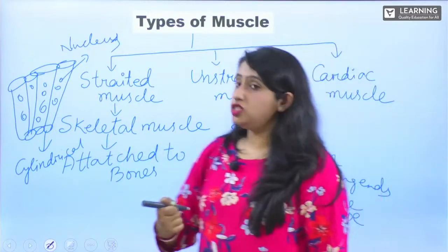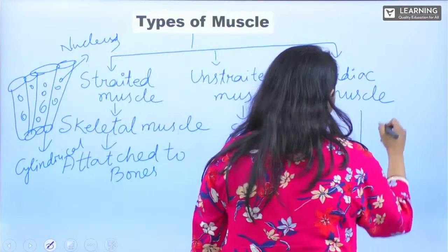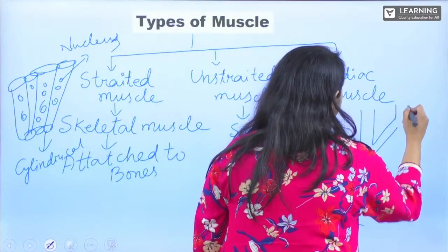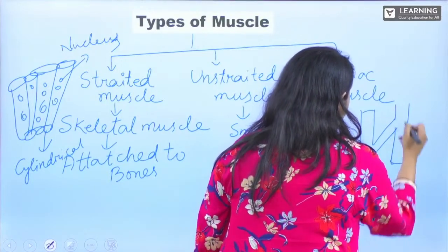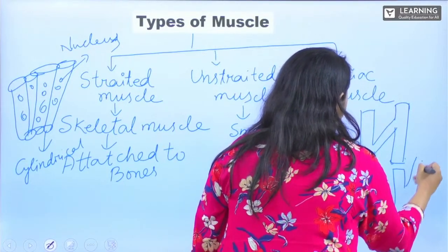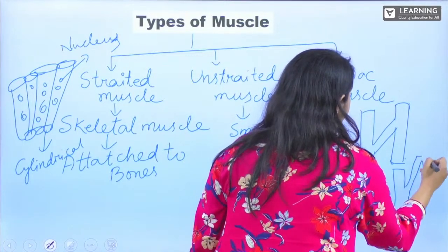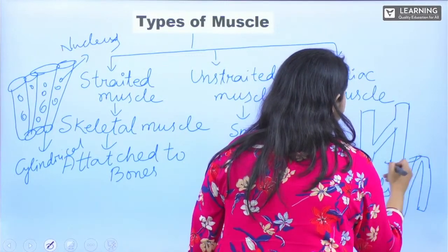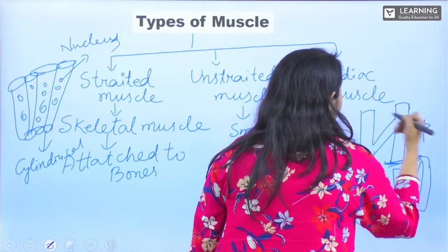So they are unbranched, whereas the cardiac muscles are branched. They are joined to one another with the help of this junction. This junction is known as gap junction.